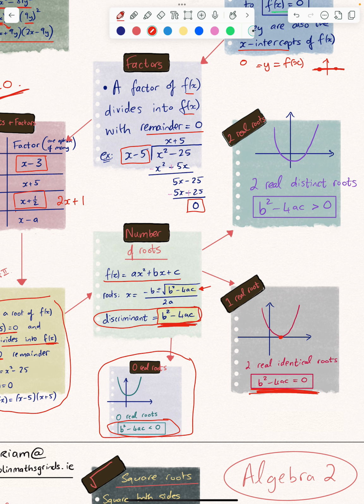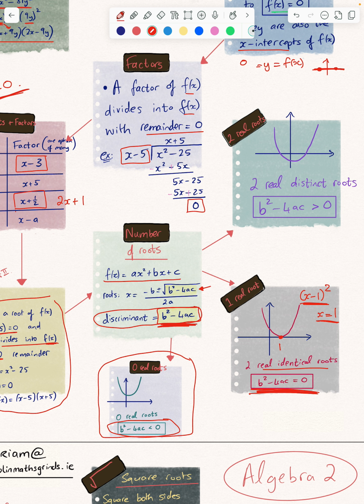If b squared minus 4ac is equal to 0, then there is only one real root. There's one x-intercept. They're called two identical roots because something like this could be x minus 1 all squared. So x equals 1 is your root, and it's called two identical roots because x equal to 1 is identical to x equal to 1.